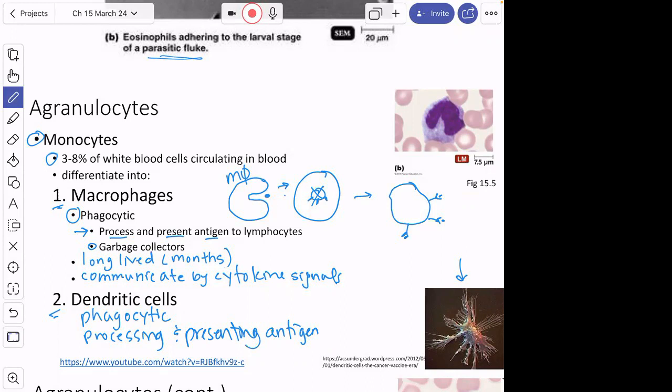And also mention that they are plentiful throughout the body. We mentioned that there are dendritic cells in our skin. So places like the skin, mucous membranes, patrolling for invaders.